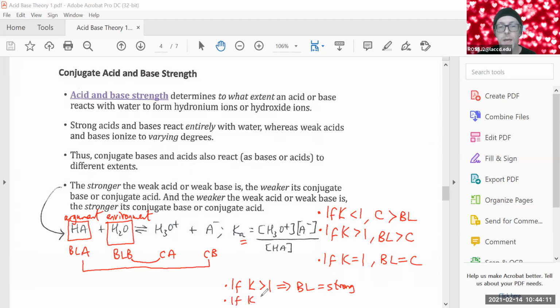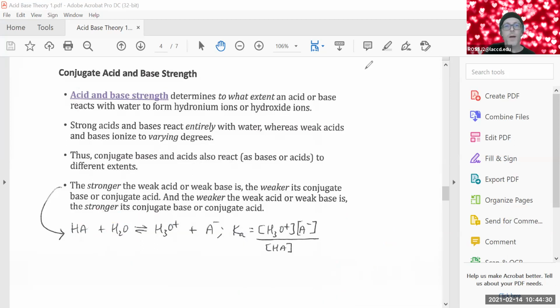If K is less than 1, we would start using language of weakness. So the Bronsted-Lowry is weak. Okay, so there's some good stuff there. Pause the video, have a perusal. Meanwhile, we will plod on.